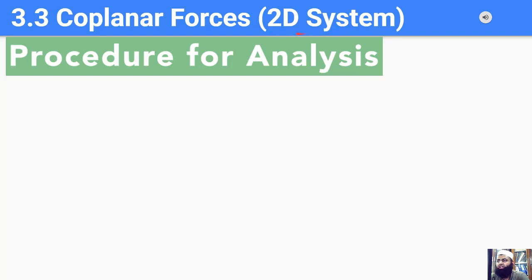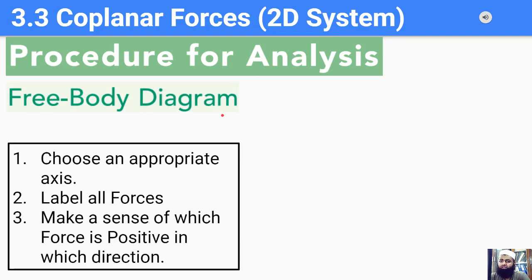We will do that in the next lecture hopefully, but for now we only consider systems where all the forces are in a plane. So what is the first step? First, we draw the free body diagram of whatever object we are trying to analyze.